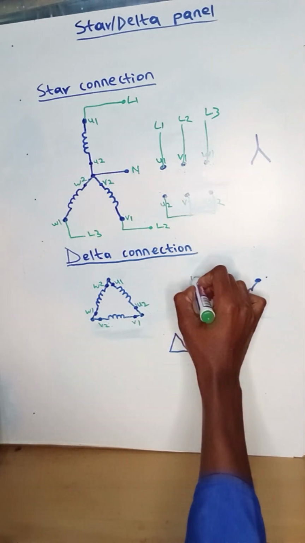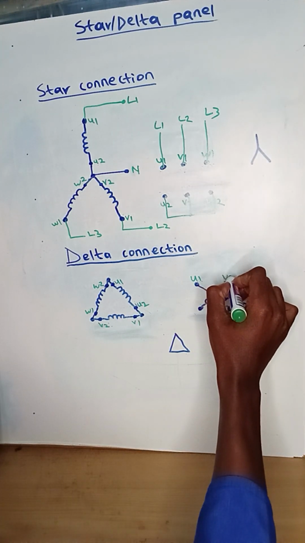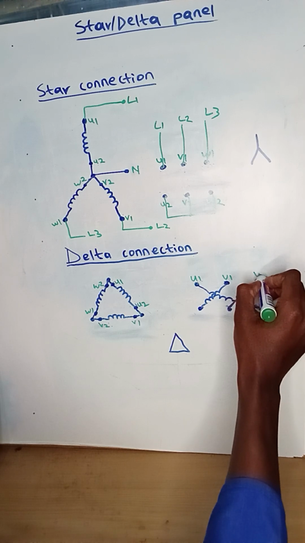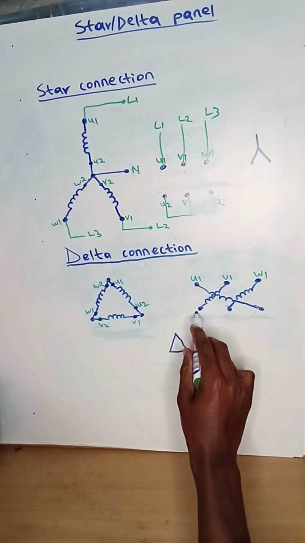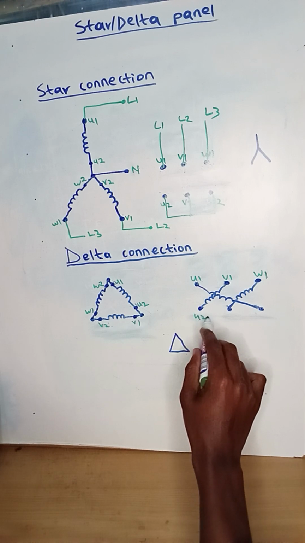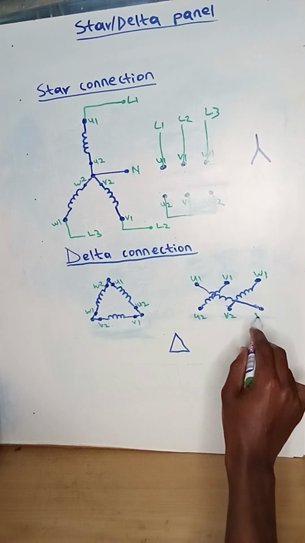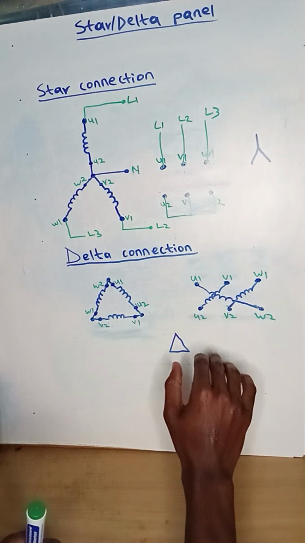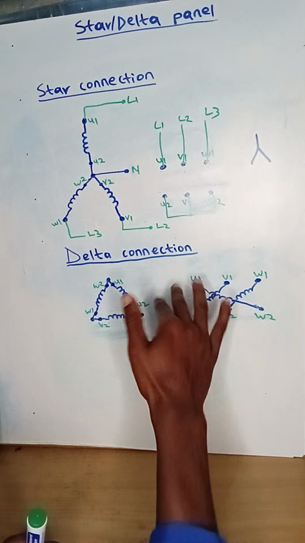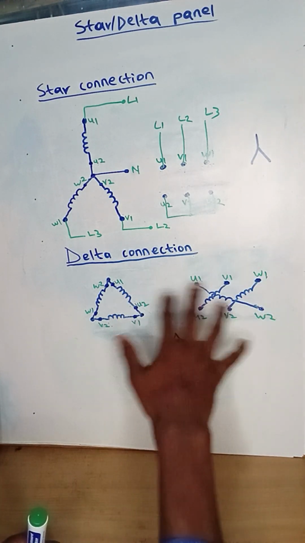So it will be U1, V1, W1, and from the bottom will be U2, V2, and W2. So if you can check from this connection, there are also windings in this connection.